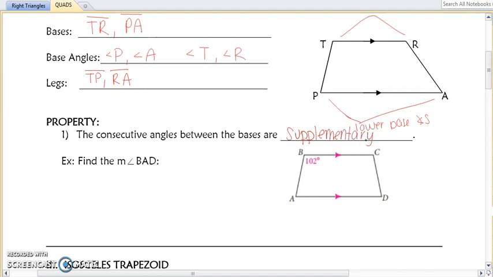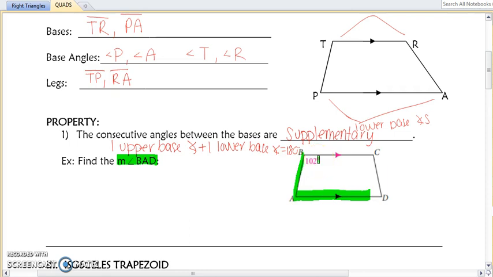Okay, so more specifically what that means is one upper base angle plus one lower base angle adds to 180 degrees. So if we're finding the measure from B to A to D, this is our lower base angle.